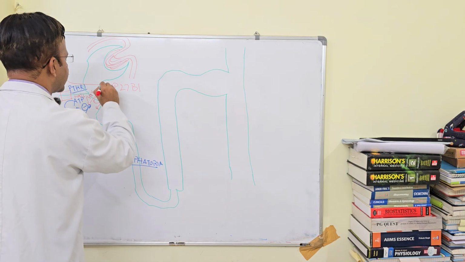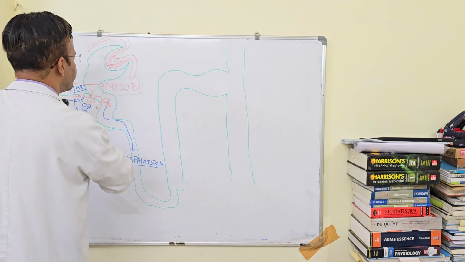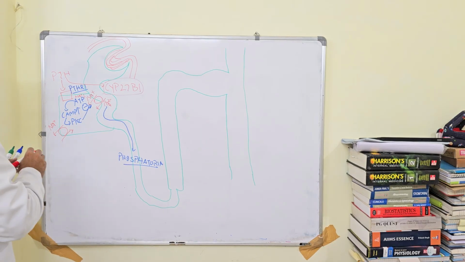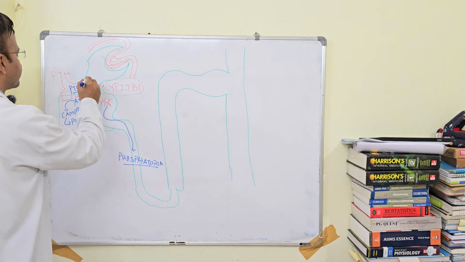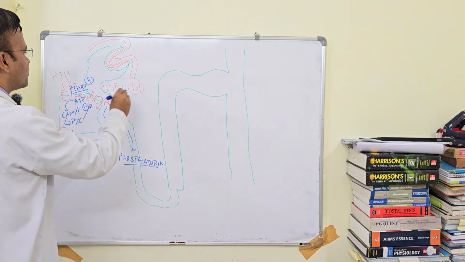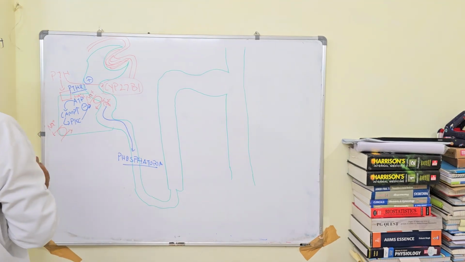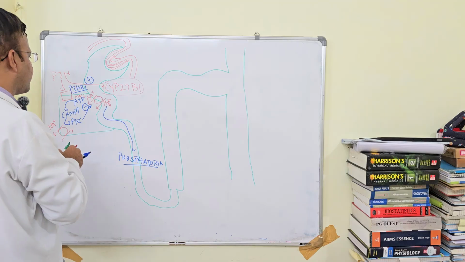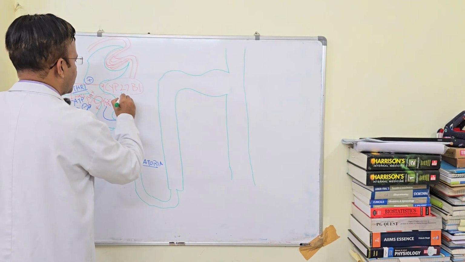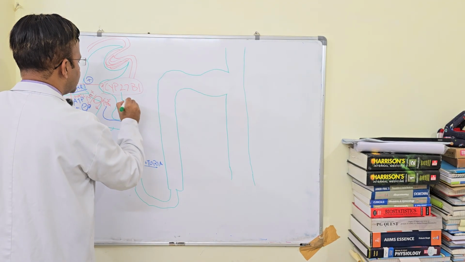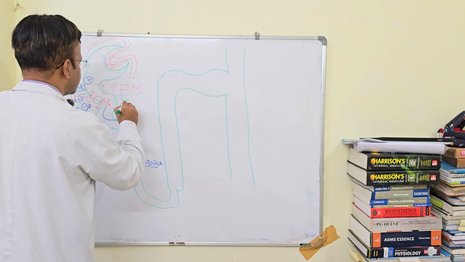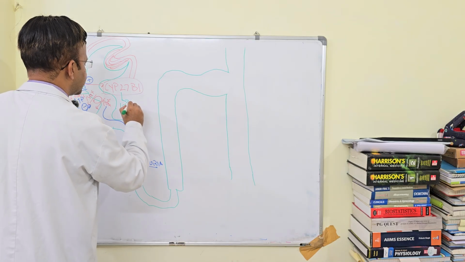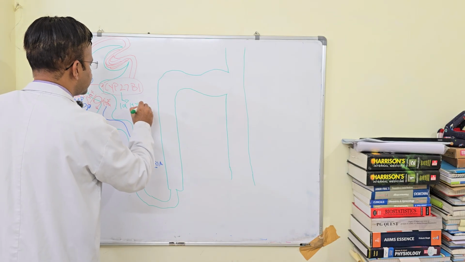CYP27B1. Mnemonic: 27 friends living in room B1. It's going to stimulate this enzyme, and once this enzyme gets stimulated, what will it lead to? It will do 1-alpha hydroxylation of vitamin D, which will give the final form.